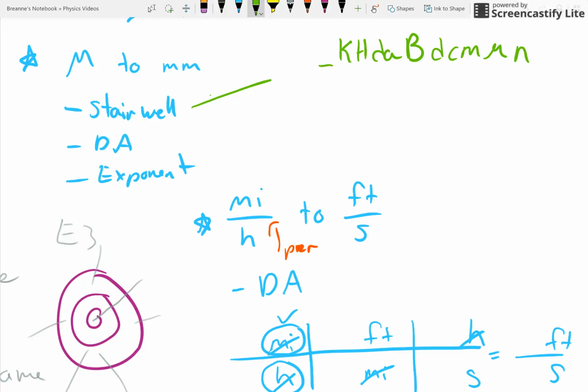So you should have 1, 2 to mega, 2 to giga, 1, 2 to micro, 1, 2 to nano. So you're just jumping around with the steps method. You put your decimal where you think it is, and you just jump to where you're trying to go. So that's your steps method.